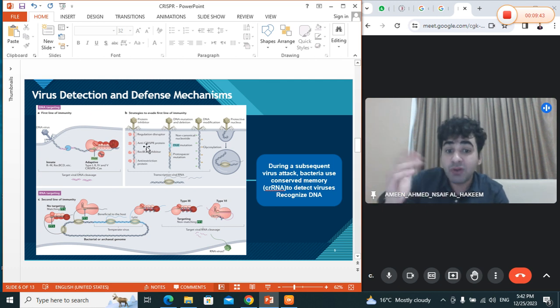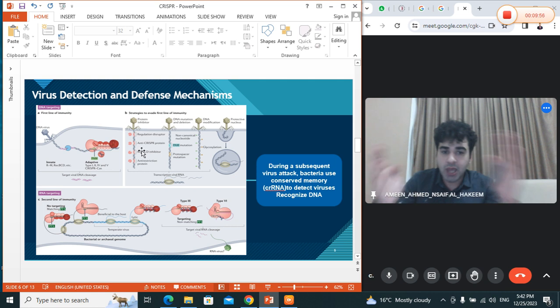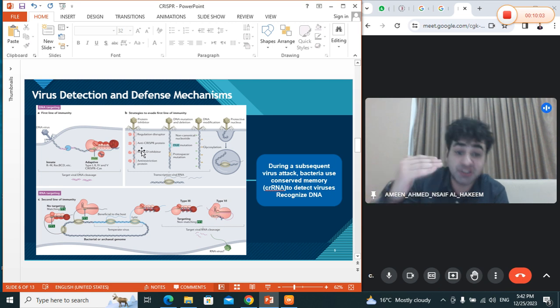Upon subsequent encounters with the same or similar genetic material, the CRISPR-Cas system can use the stored spacer to guide the Cas proteins to precisely target and cleave the invader DNA. Next are restriction modification systems, where bacteria have restriction enzymes that recognize specific sequences.